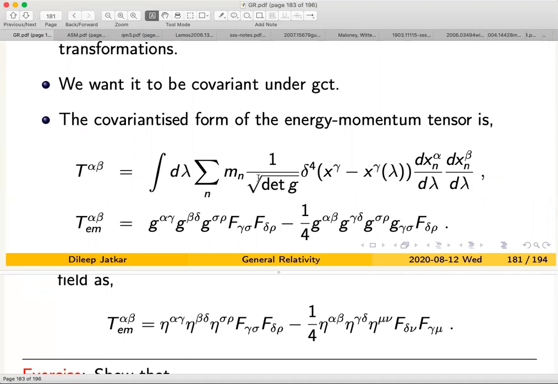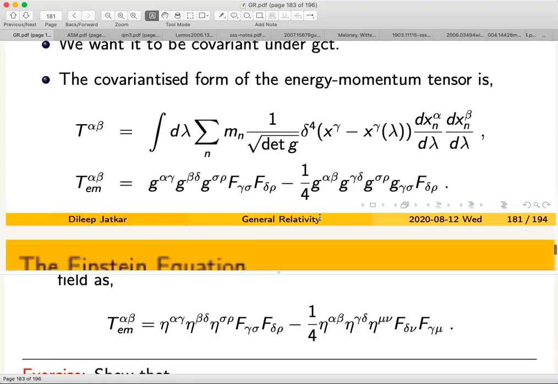The rest is the same as what we see in the special relativistic form. Whereas in the case of electromagnetism, you replace all etas by g, and that pretty much gives you this form. This should have been F. I'll correct this. Both corrections need to be done.